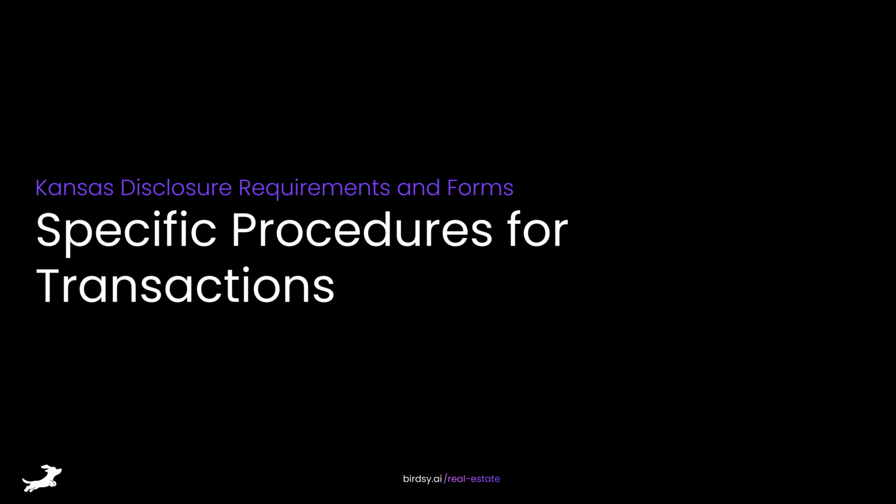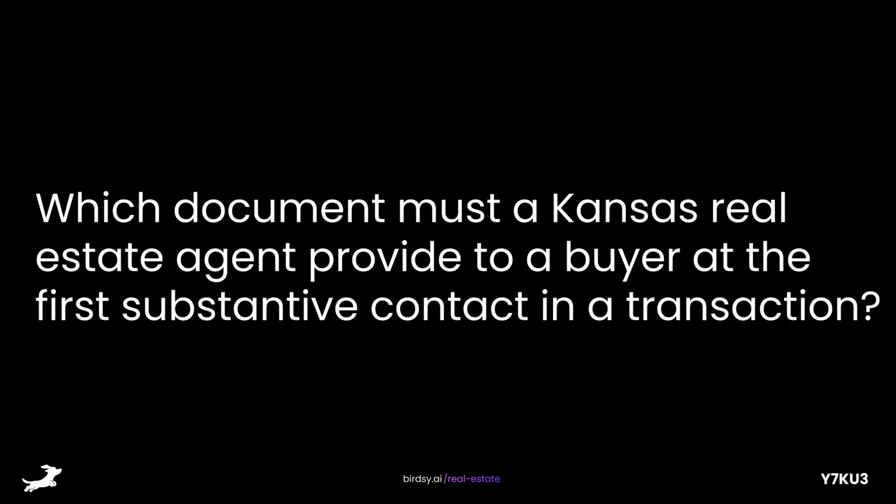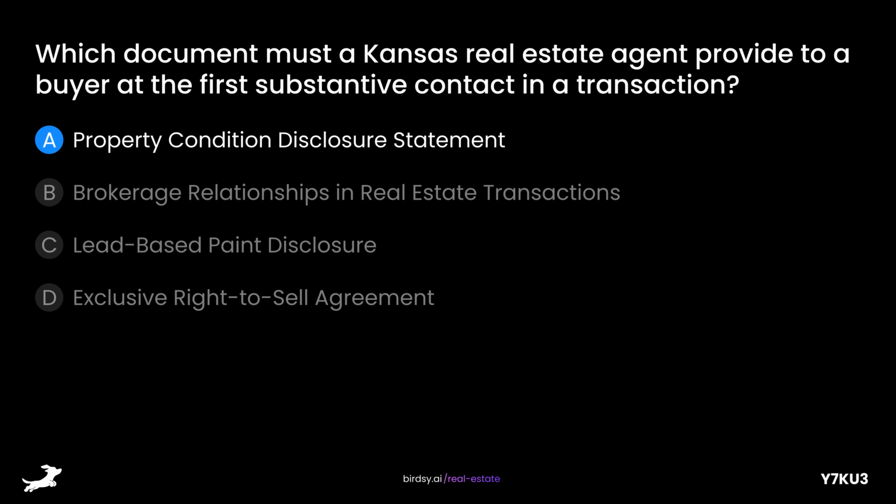Specific procedures for transactions. Which document must a Kansas real estate agent provide to a buyer at the first substantive contact in a transaction? Is it A, property condition disclosure statement, B, brokerage relationships in real estate transactions, C, lead-based paint disclosure, or D, exclusive right to sell agreement?